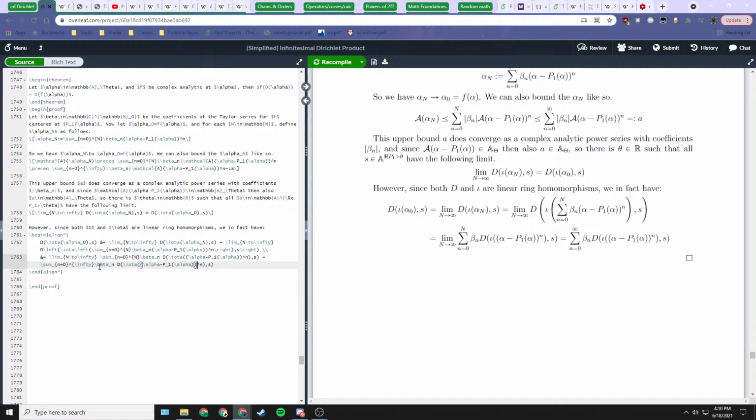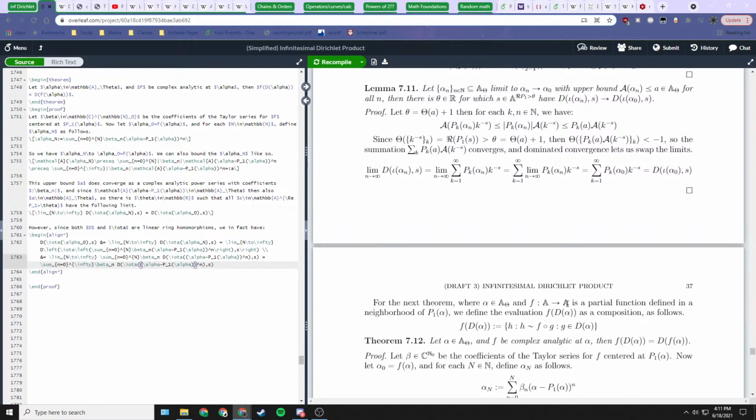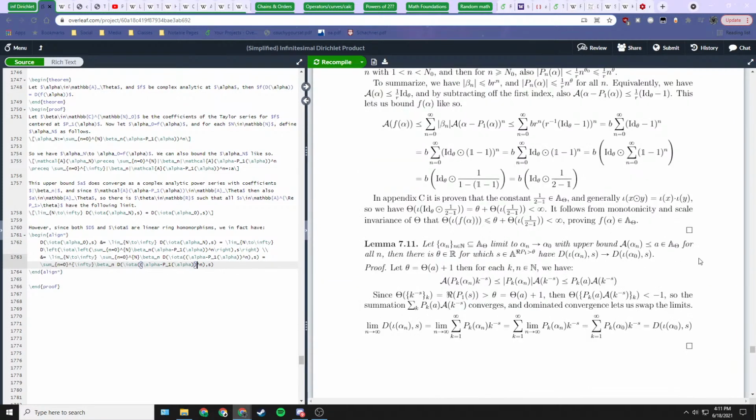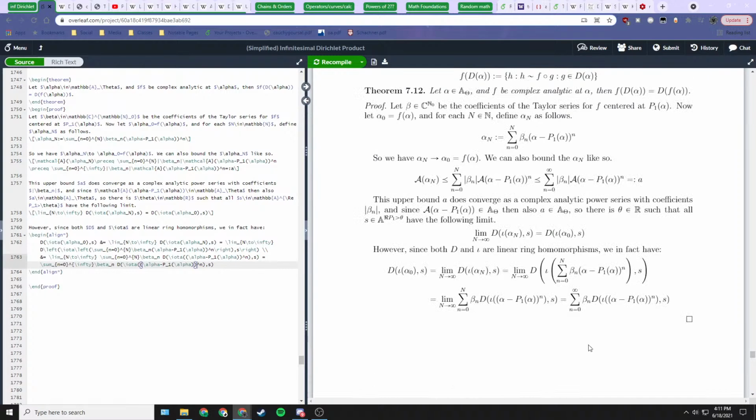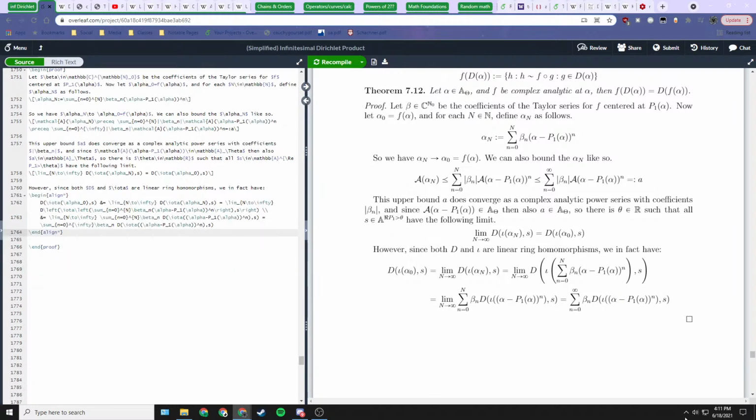So this should be alpha minus p1 of alpha, and then convoluted n times. Okay, actually, so what we need is this, which is, okay.